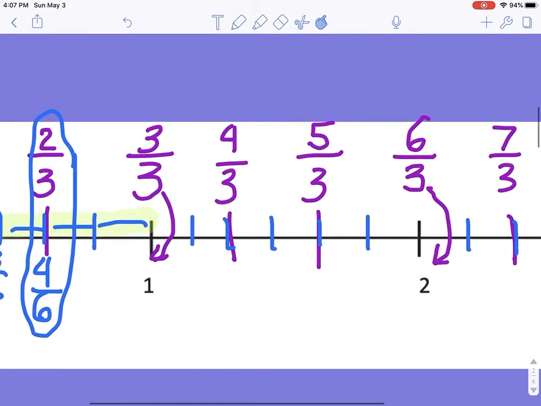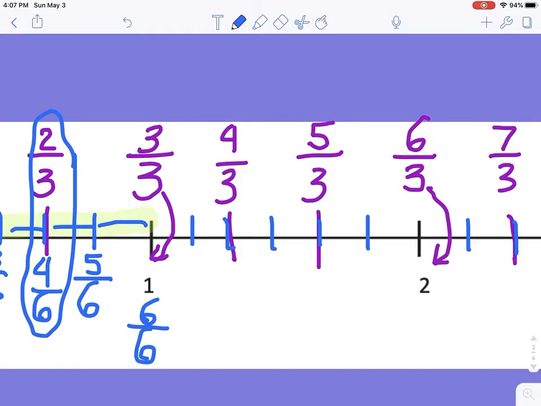Moving over. 5 sixths and 6 sixths, which is equivalent to 1 whole and equivalent to 3 thirds. Okay, sorry it's kind of squished here. 7 sixths, 8 sixths.